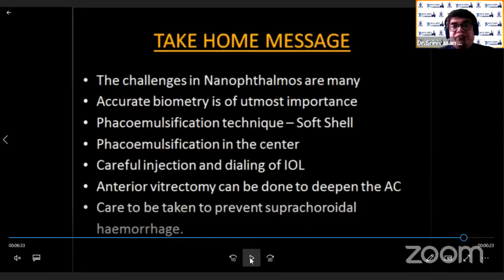Phacoemulsification is performed in the center; never take the probe to the periphery. Inject and dial the lens carefully. Anterior vitrectomy has also been published to deepen the anterior chamber. Care should be taken to prevent suprachoroidal hemorrhage. Post-operatively, follow up carefully for any rise in pressure or any uveitic reactions.